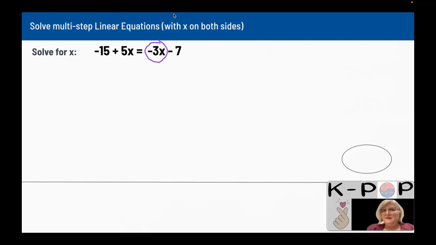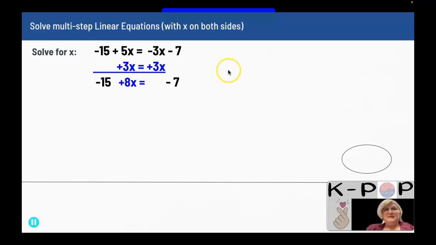You can choose any of the terms to move for the first time. So if I move negative 3x to the other side, I move it to the other side by adding 3x to both sides of the equal sign. When I add 3x to both sides of the equal sign, I get negative 15 plus 8x equals negative 7.